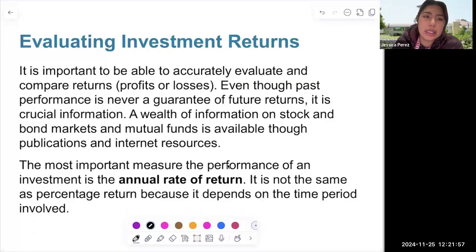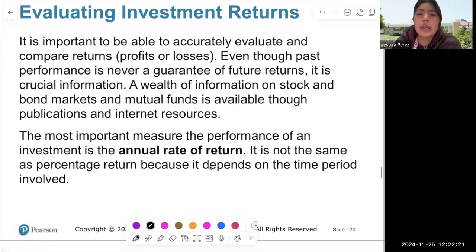So it's never guaranteed. A wealth of information on stock and bond markets and mutual funds is available through publications and internet resources. If you want to look at different types of bonds, mutual funds, and stocks, and which ones are more profitable, there's a lot of research for you through the internet and publications.